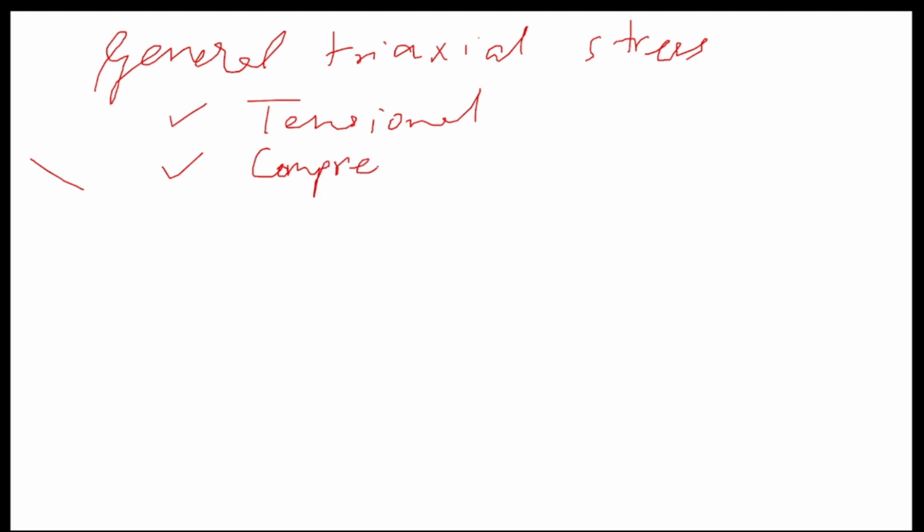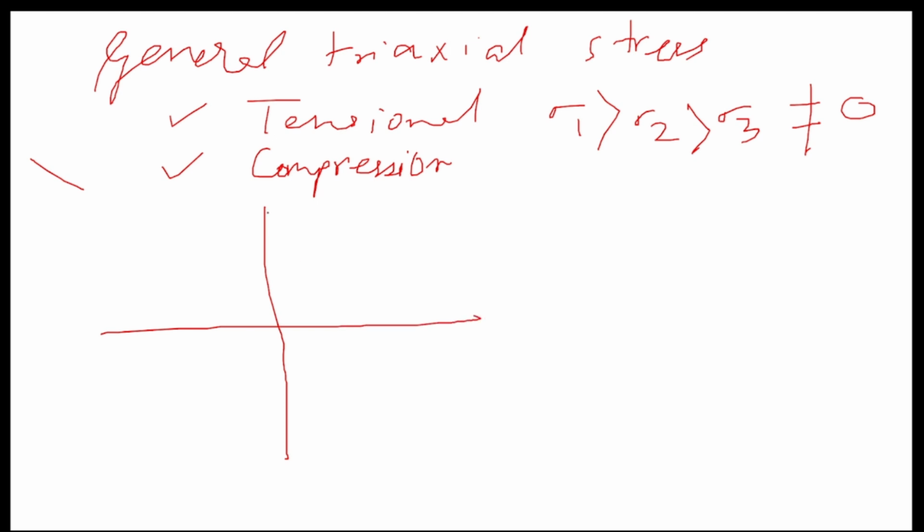In both cases, remember always sigma 1 will be greater than sigma 2 will be greater than sigma 3, but they are not equal to 0. Say for example, let's take tensional first. So this is our Mohr's circle, this is a straight line. So this is 0, minus 1, minus 2, and this is minus 3.